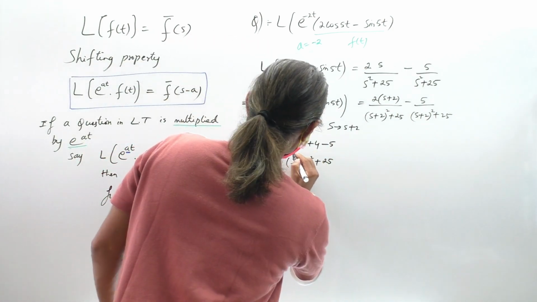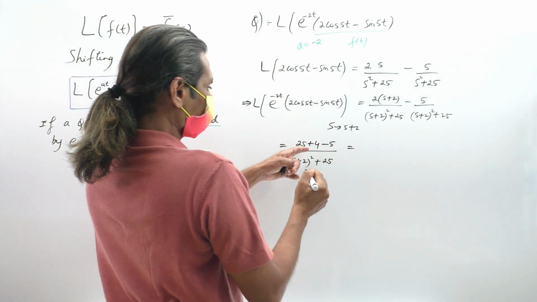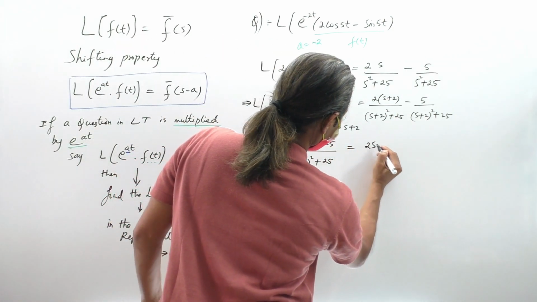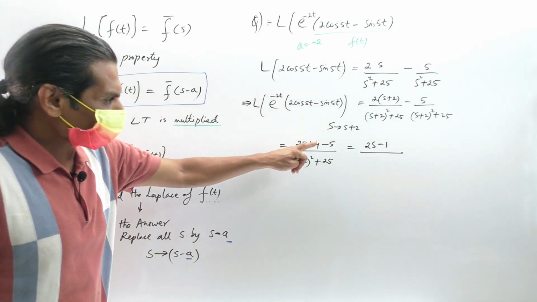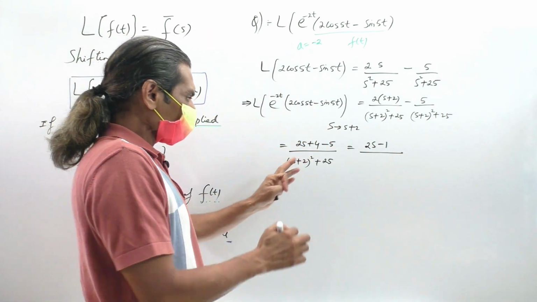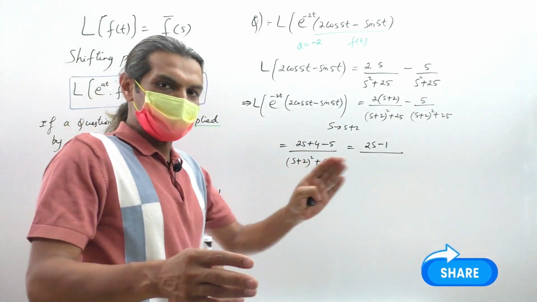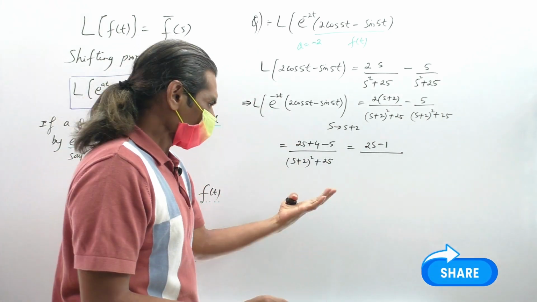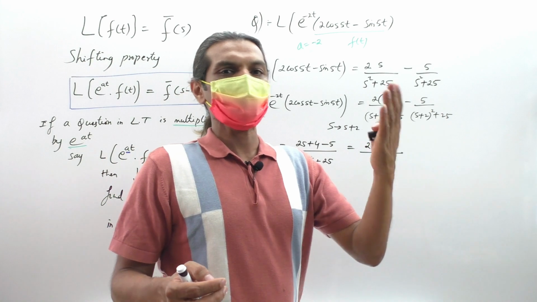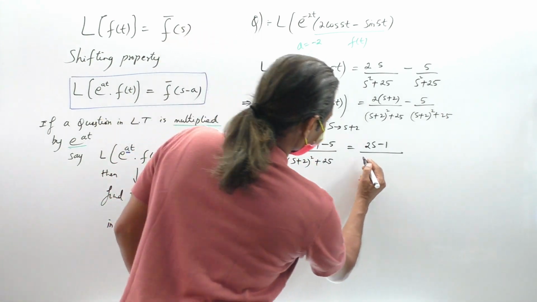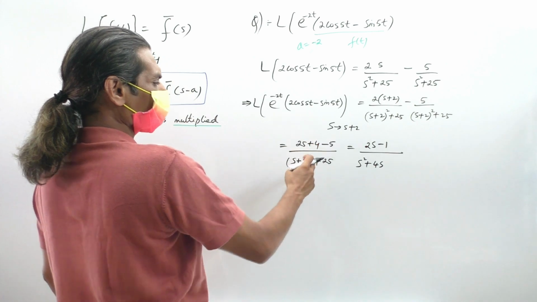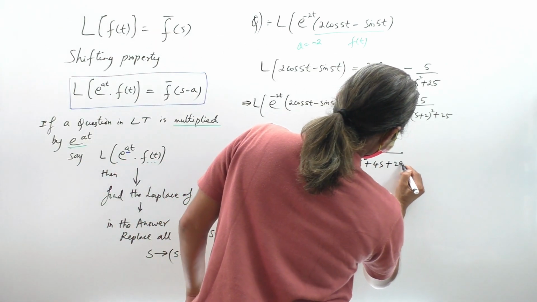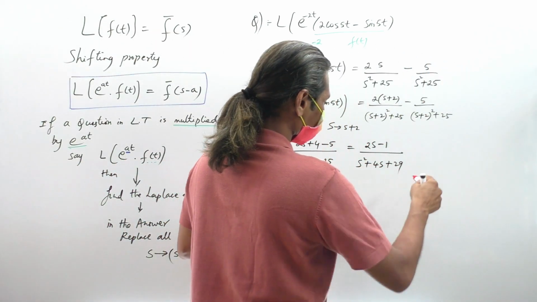Therefore, this becomes 2s minus 1 whole divided by, because 4 minus 5 is minus 1, now this denominator you can keep as it is, or if you want to expand, a plus b the whole square is a square plus 2ab plus b square. So s plus 2 the whole square is s square plus 4s, 2 square 4 plus 25 is 29, and that's the final answer.